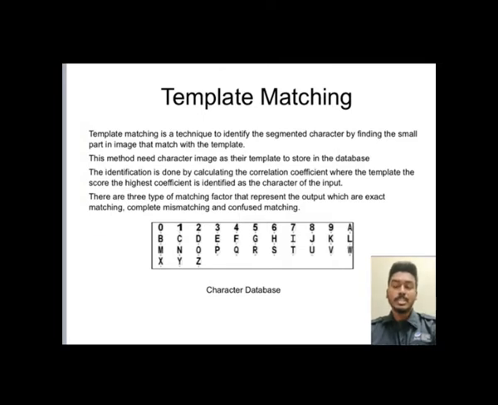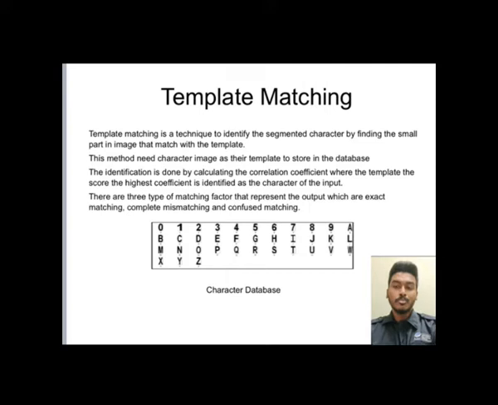Template matching is a technique to identify the segmented characters by finding the small part in the image that matches the template. This method needs character images as templates to store in the database. The identification is done by calculating the correlation coefficient, where the template that scored the highest coefficient is identified as the character of the input.